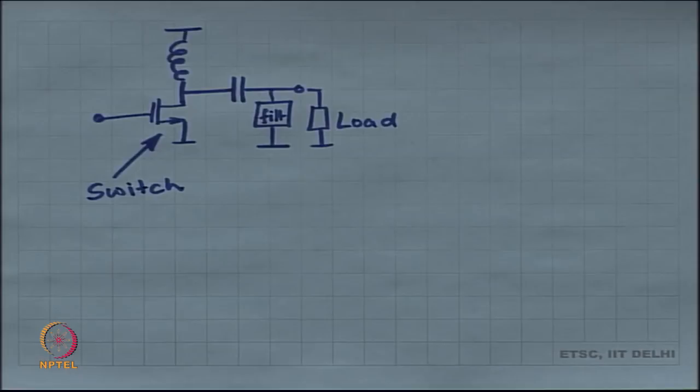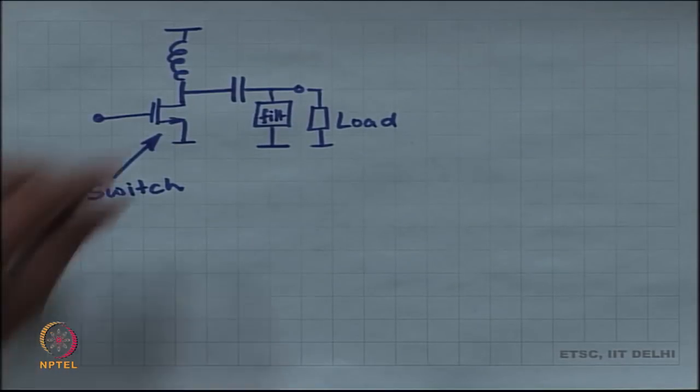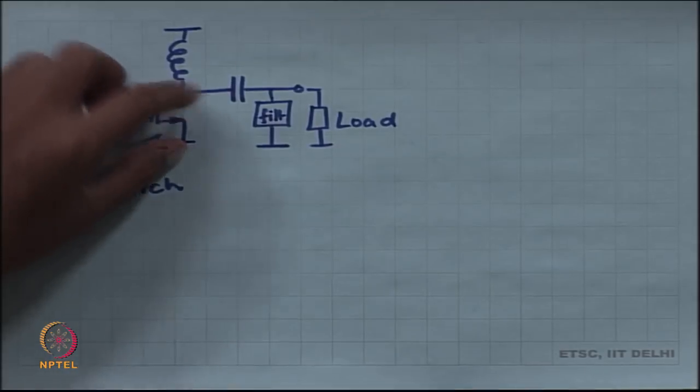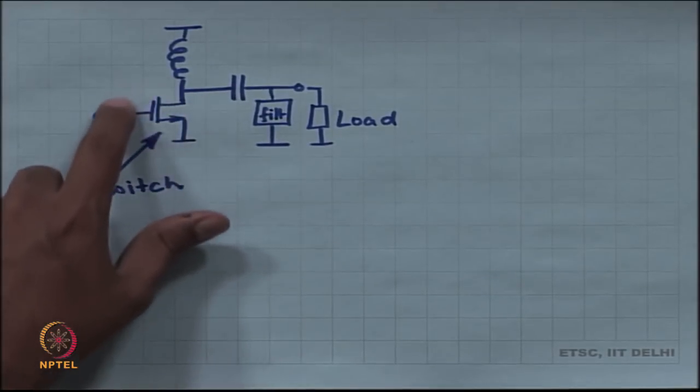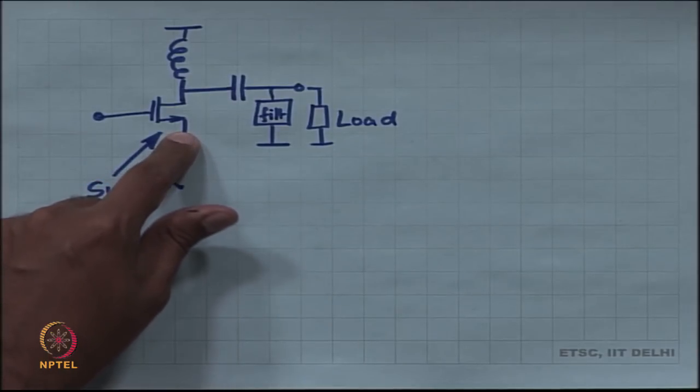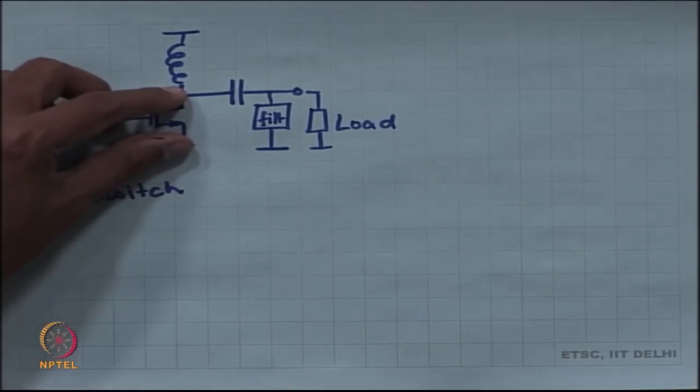A switch is either on or off. When the switch is on, these two voltages are equal. Therefore, the power consumed by the MOSFET when the switch is on is equal to 0, because these two voltages are equal.